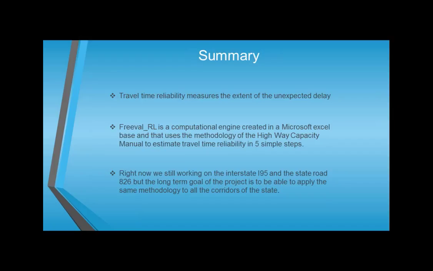If we look at the left part of the screen, there we are defining the day of the week. If all the days of the week have a similar demand pattern, we're going to assign a number 1 for all the days from Monday to Friday. But in our case, in our analysis, we found out that Mondays have a different demand pattern than any other day, and that's why we only assign a number 1 for Monday.